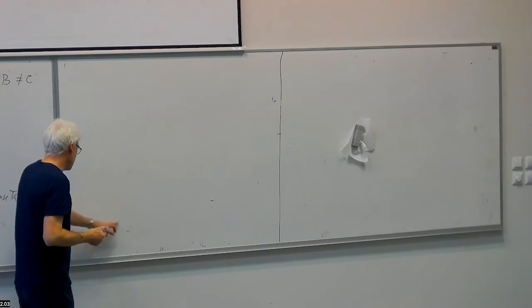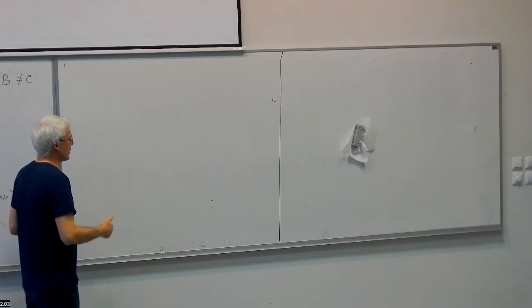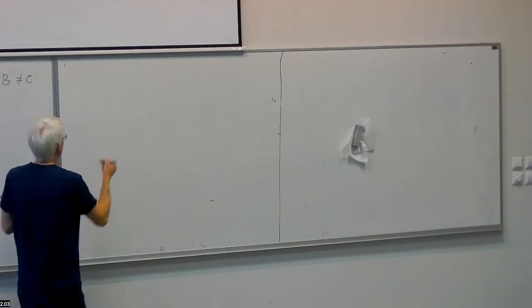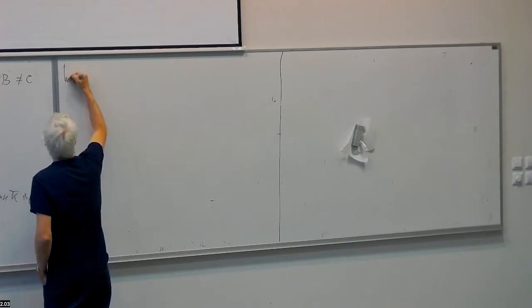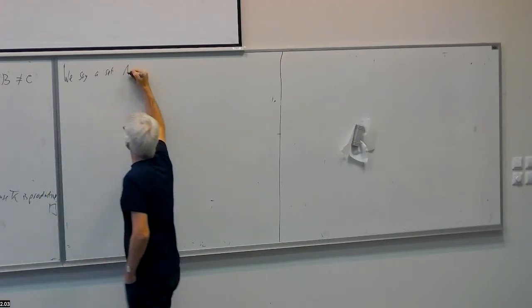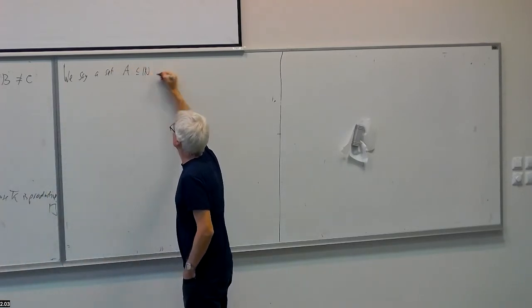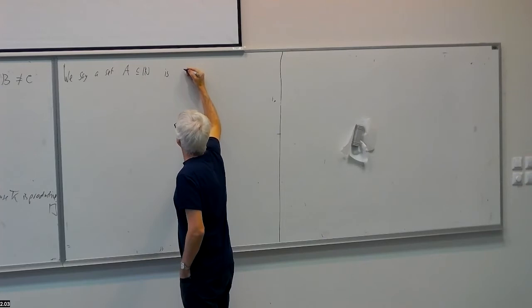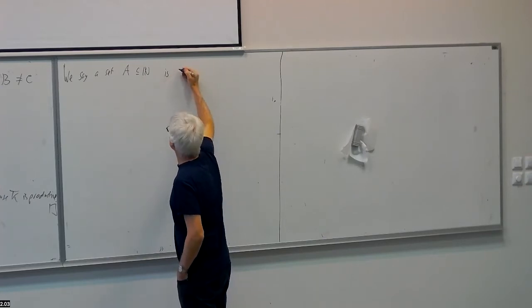There's a kind of interesting related concept about computably enumerable sets, which is the following. We say a set A of natural numbers is creative.